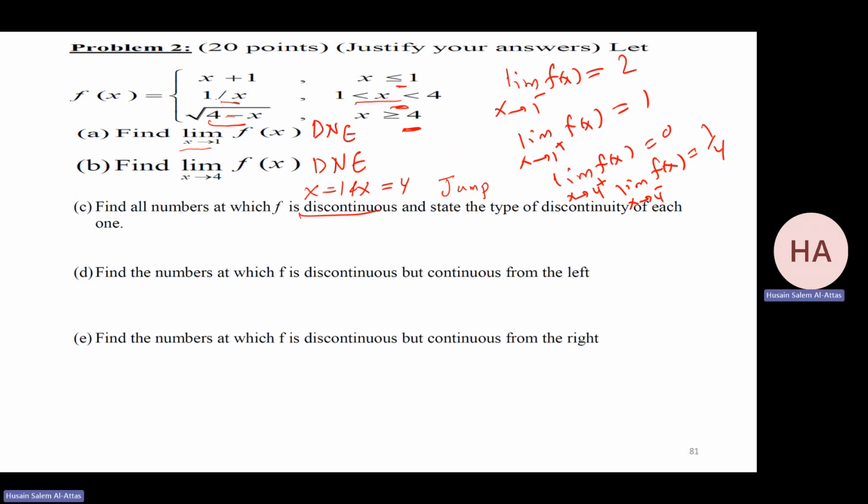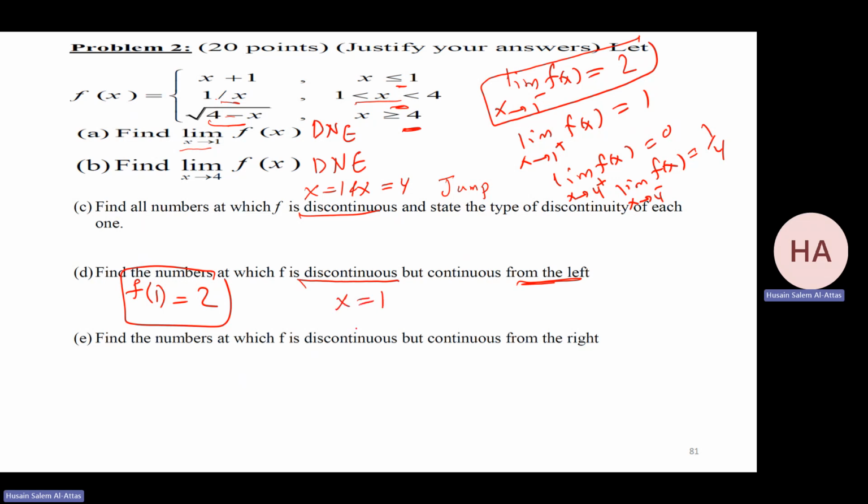I need to check these things. I need to check f at 1. F at 1 will be 2, so this is equal to this. Okay, so it's continuous from left. Discontinuous, but continuous from left.